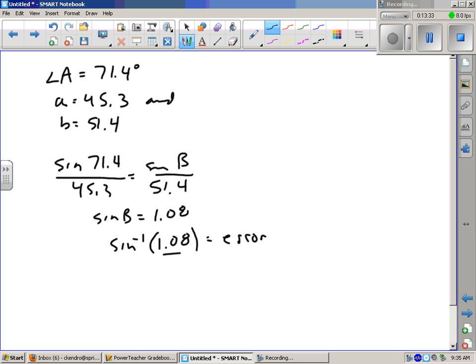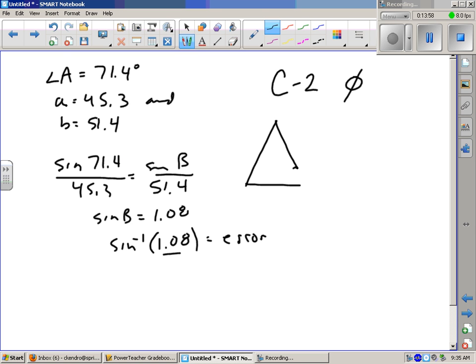And in our summary, it's case C2, the one that has no triangle, because it doesn't make a triangle. The sides aren't long enough. It's like this.